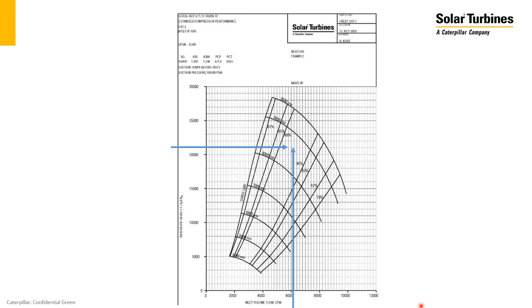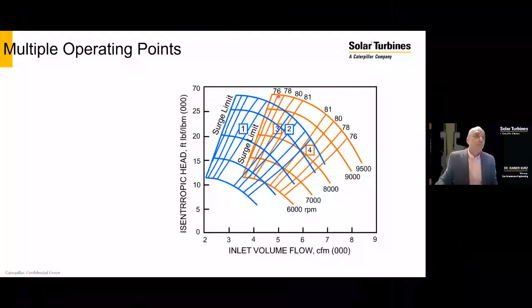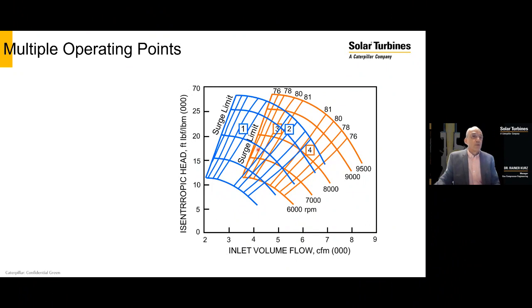So the combination of these two tools allows you pretty precise determinations of what your machine is actually doing, or if you simply want to size the machine to give you a rough idea of how big it is going to be and how much power it's going to consume. Now, when we actually work on projects, we often have to deal with multiple operating points, and then it's a question of optimizing the staging to meet certain operating conditions.